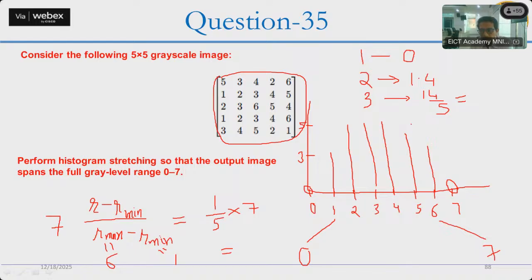4 कितना आ जाएगा? What will be the 4? Yes, 21/5. Absolutely. Or 5.